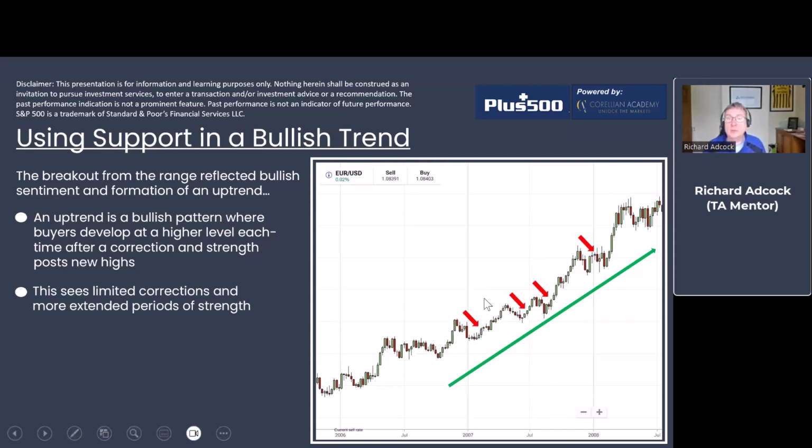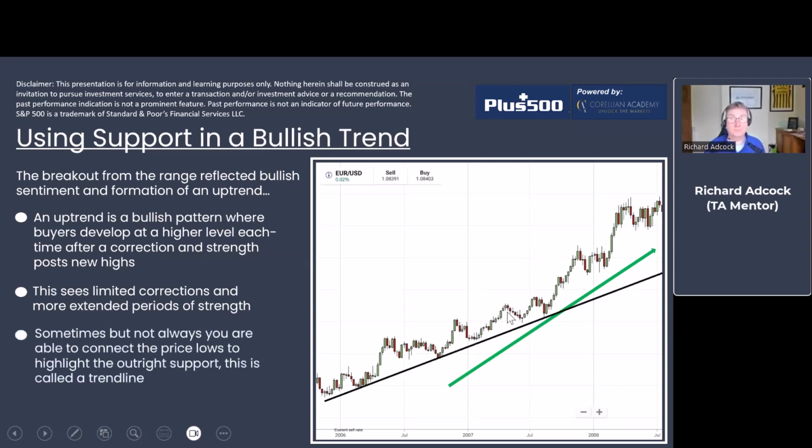Any corrections are limited and much smaller than the upside moves. Again, because we're looking at bullish sentiment, it takes less of a correction to attract people back into the market to push higher and make new highs for this particular move.